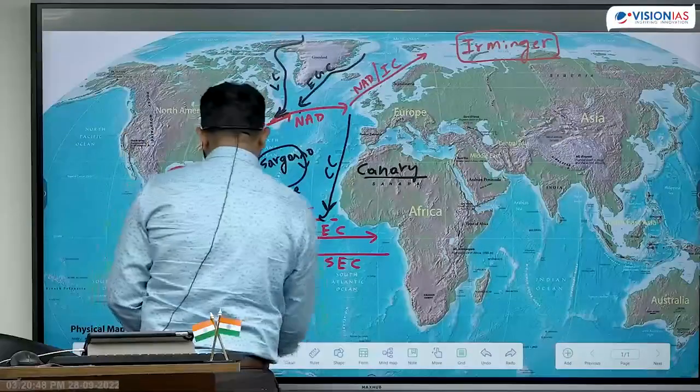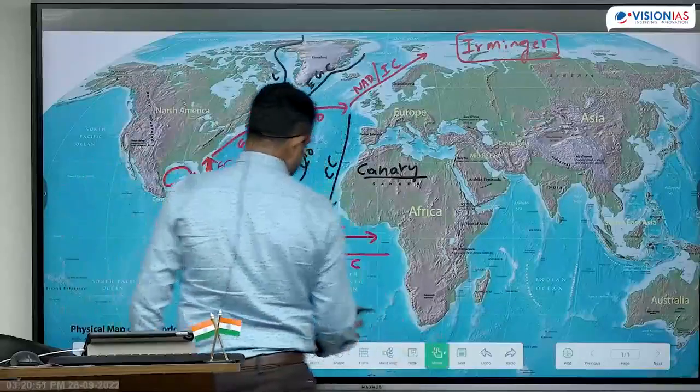That is about the currents of the Northern Atlantic Ocean. So is that all clear?